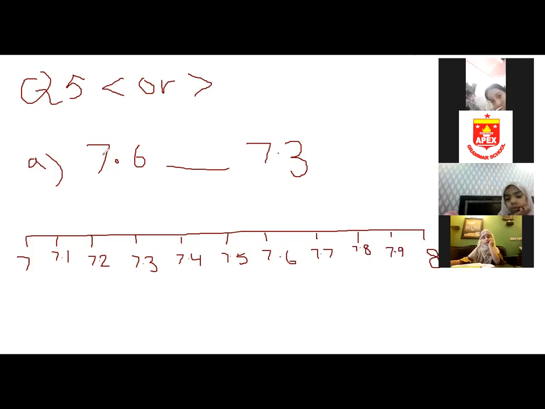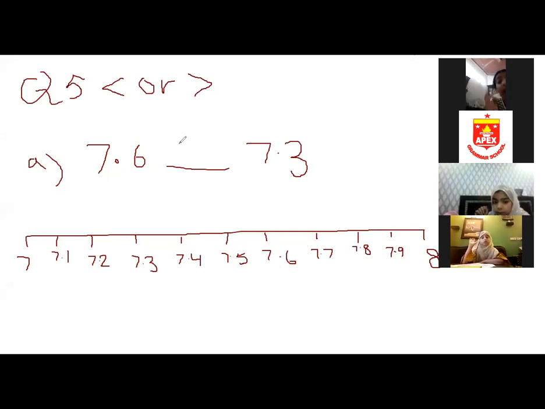So I want to know whether this 7.6 is greater than or less than 7.3. You can see 7.3 comes before 7.6. So which one is greater? Anyone can answer me, which one is the greater? 7.3, then comes 7.6.